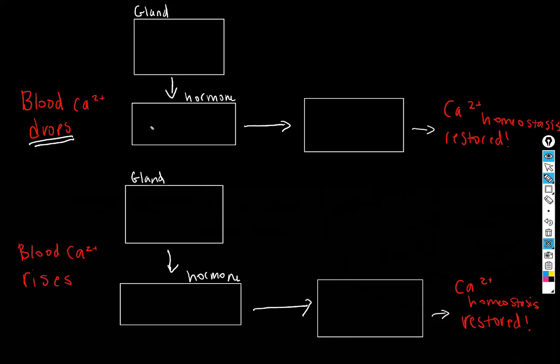Parathyroid. Bingo, parathyroid hormone, yep. So I'm gonna say PTH because I don't have much room in my box. That stands for parathyroid hormone. So by virtue of PTH, the gland is therefore the parathyroid.